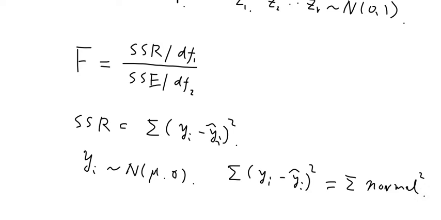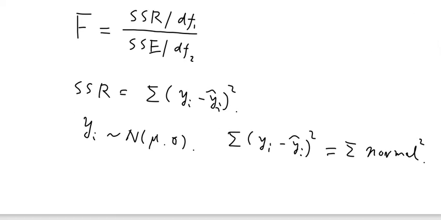So normal squared, the distribution is a chi-square distribution. Okay, so we can say the distribution of SSE is also like a summation of normal squares, right? It is yi minus... Oh, I'm sorry.